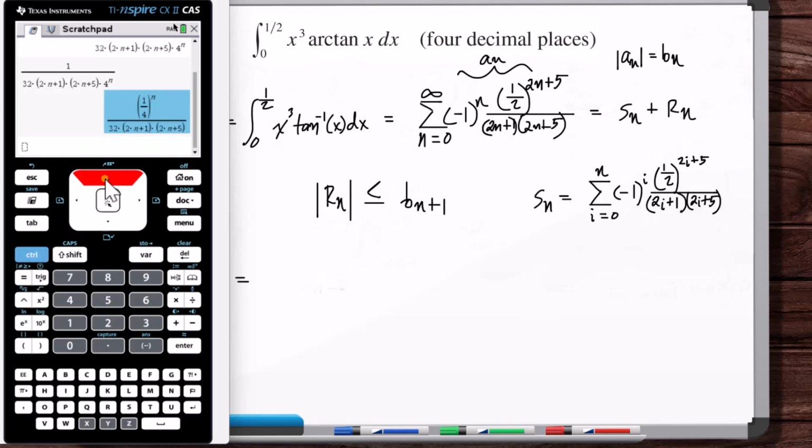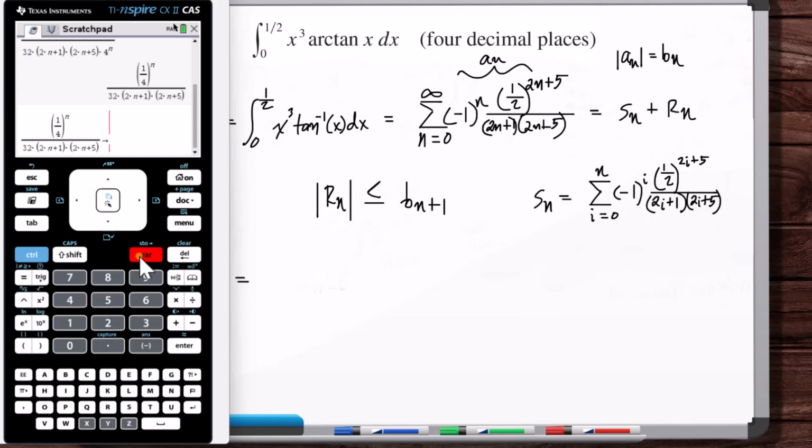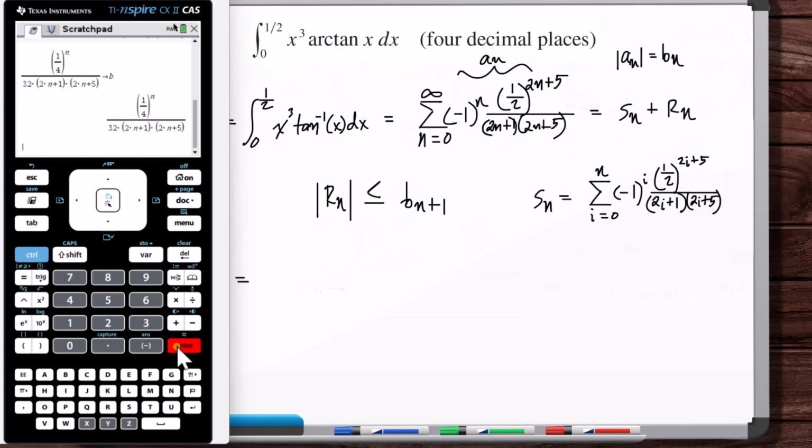That is the b sub n. Okay, and then if you do minus 1 to the n times that b sub n, we're going to store that as a. And so, okay.